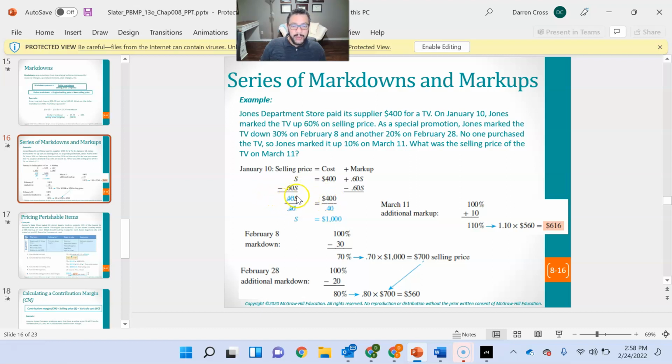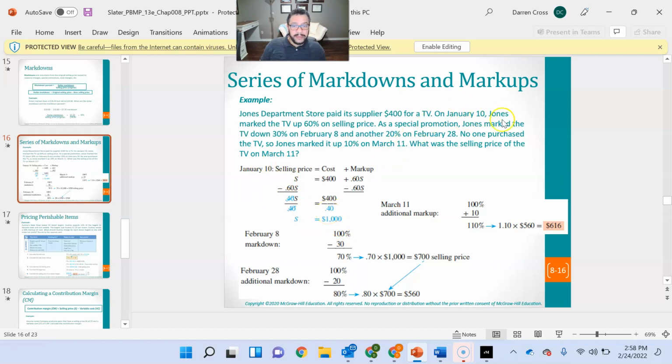We don't want to know what 0.40S equals. We want to know what just S equals, so we do the opposite process. They're asking us to multiply, so we divide, and what we do to one side, we must do to the other. So S equals 400 divided by 0.40, which is $1,000. Okay, so on January 10th, our selling price was $1,000.